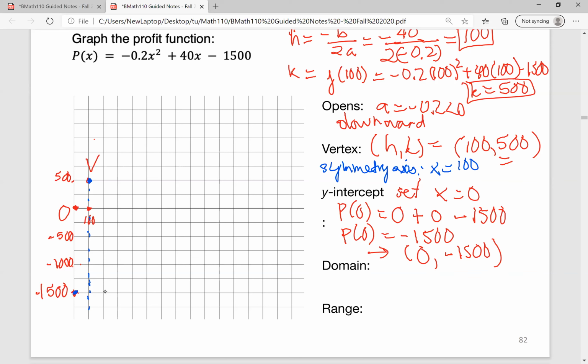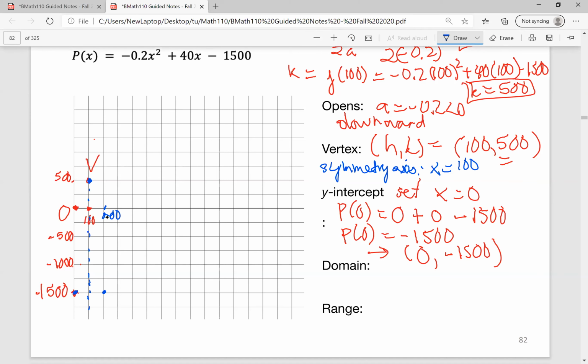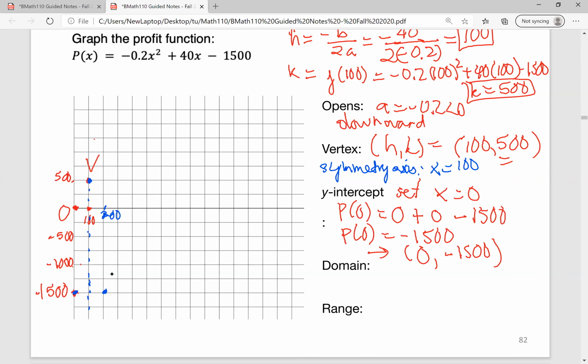And then if you have the symmetry point, you will have another one in here as 200 and negative 100. So the graph also has to go through this point.